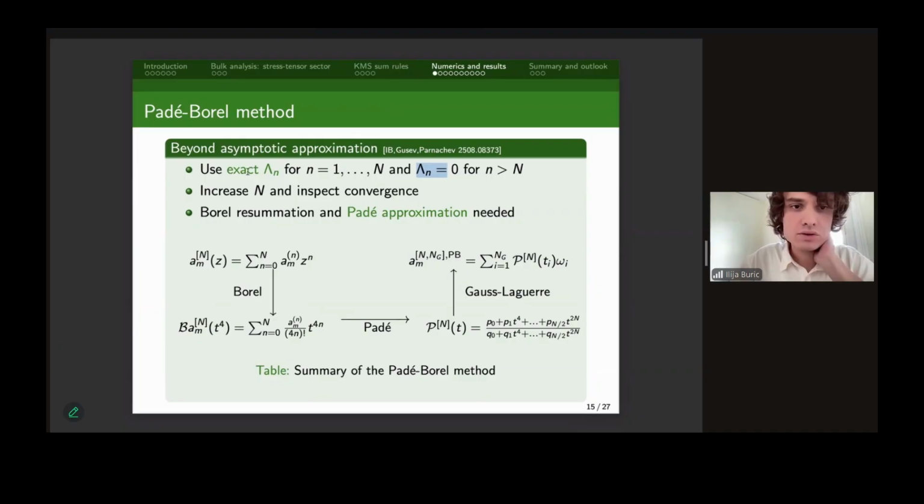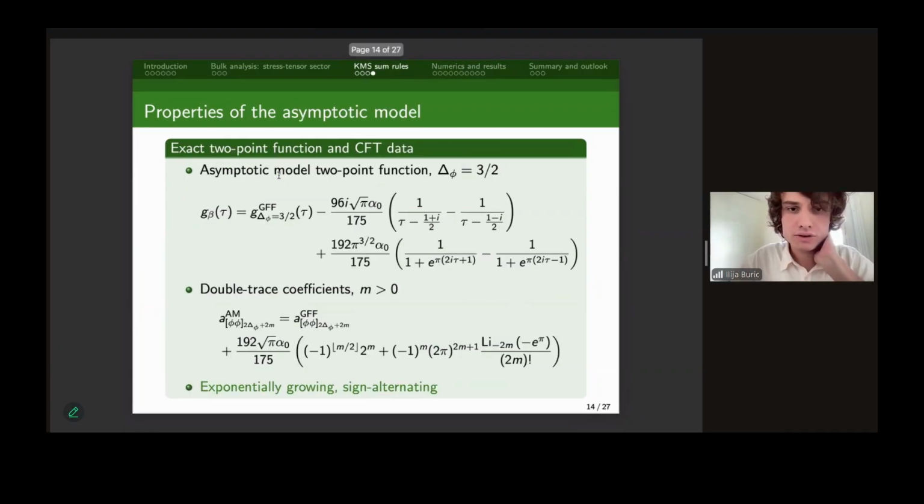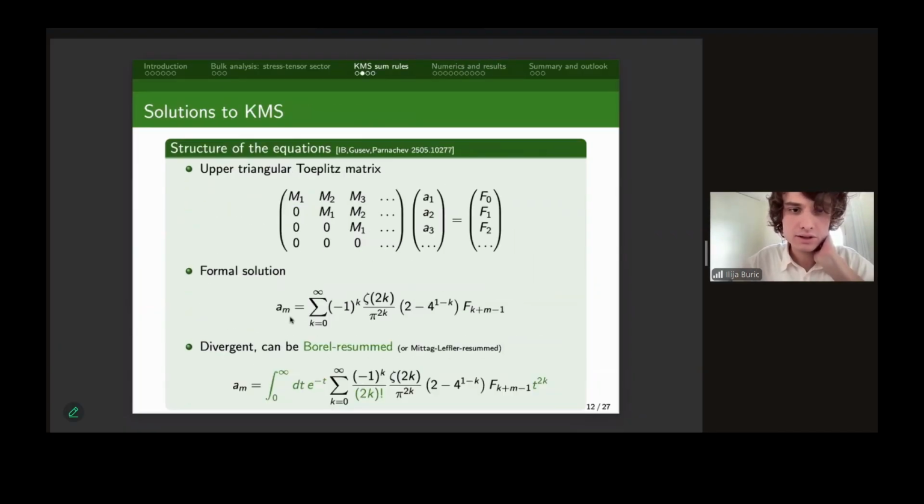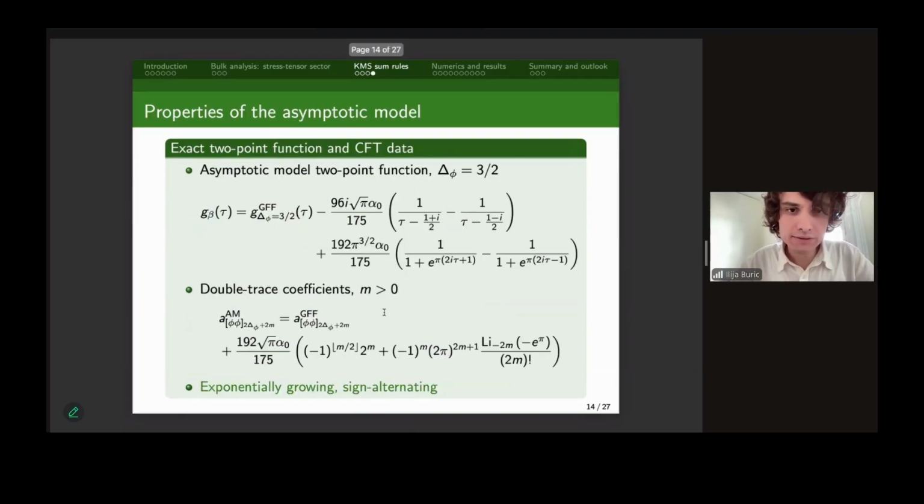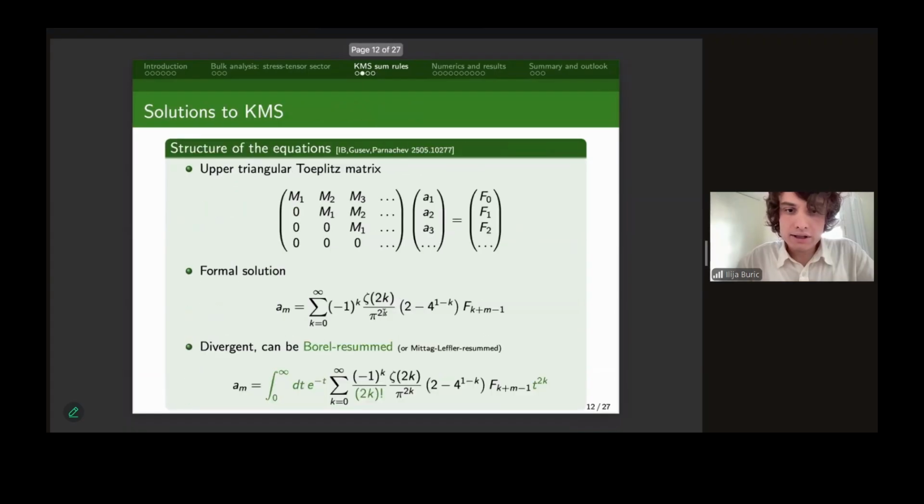When you do this, a certain number of operators will give divergent contributions, and a certain number will give convergent contributions. For example, if I stick to the case delta phi equals 3/2, then the identity will give a divergent contribution and all other operators will converge. We already know how to solve this, so this can be Borel resummed as here.